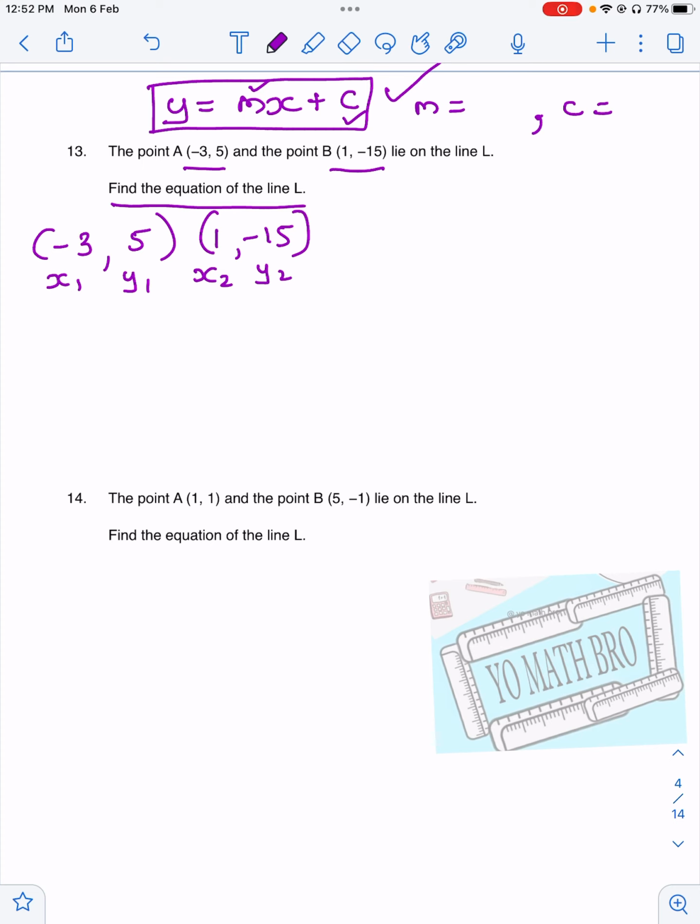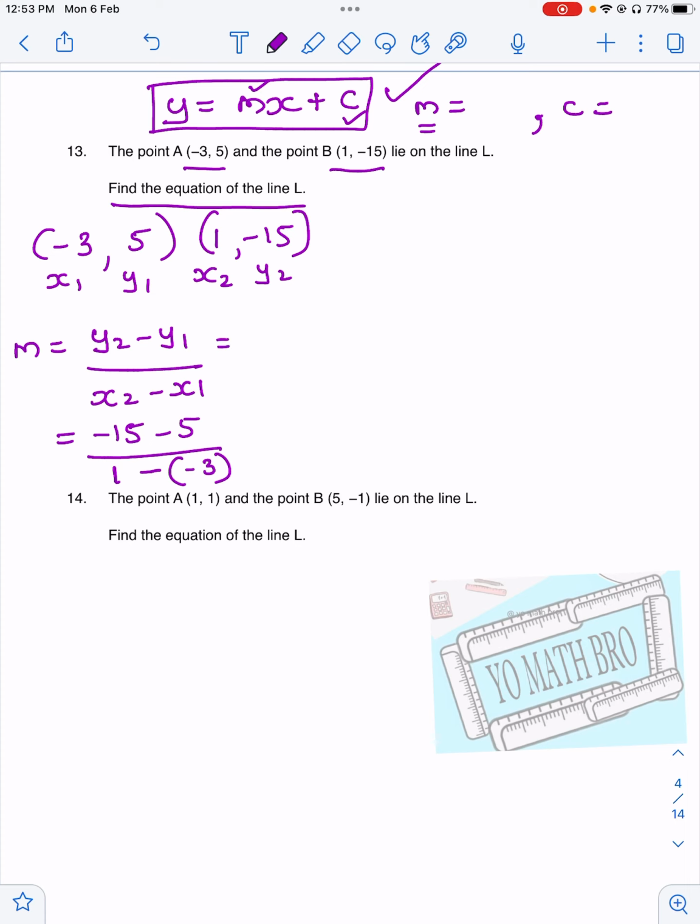First, as I told you, m stands for gradient. The formula for gradient is y2 minus y1 upon x2 minus x1. I get y2 is -15 minus 5, and x2 is 1 minus, again I am getting x1 as -3. As I told you, you will always put it in a bracket.